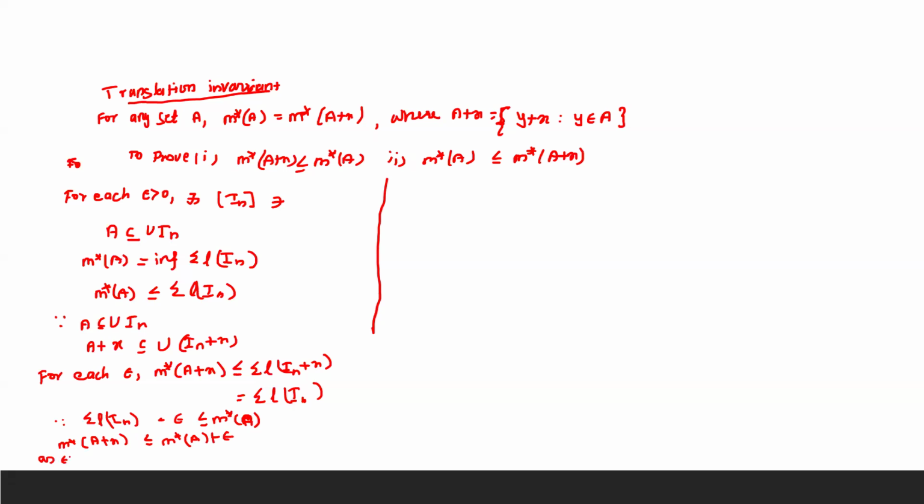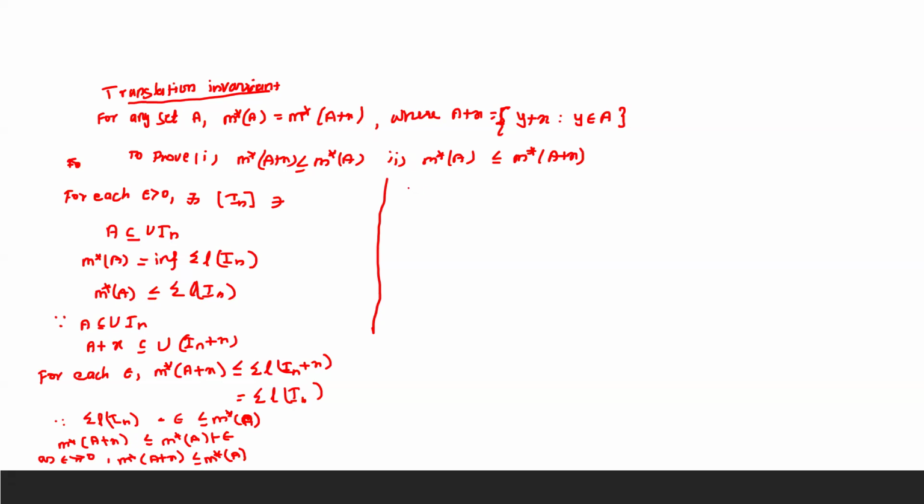As epsilon tends to 0, the outer measure of A plus x is less than or equal to the outer measure of A. Thus, we prove the first inequality.